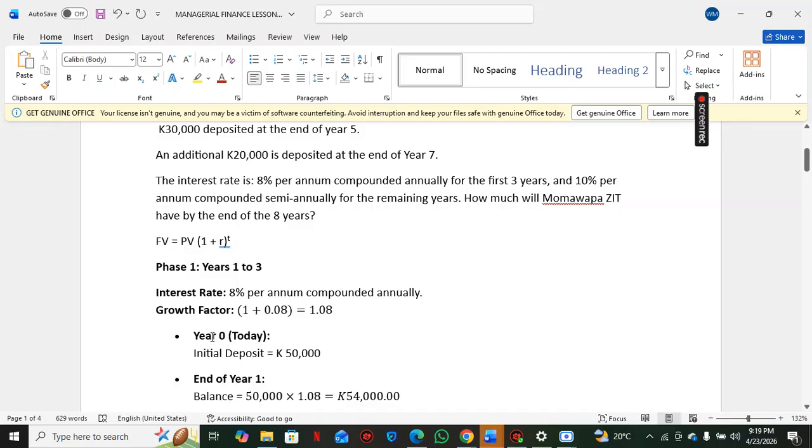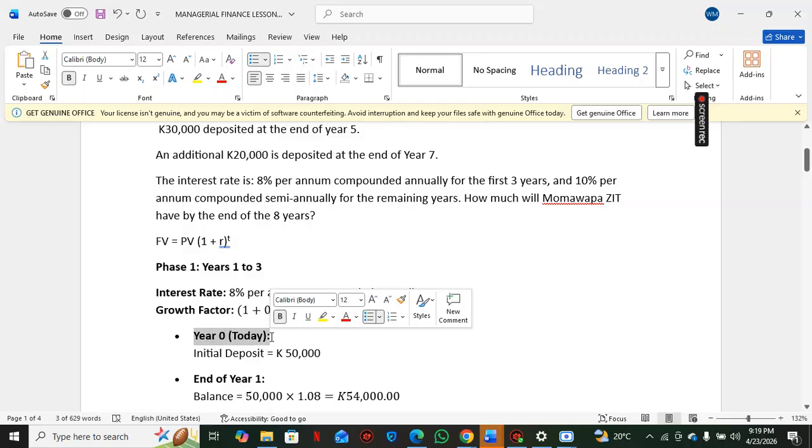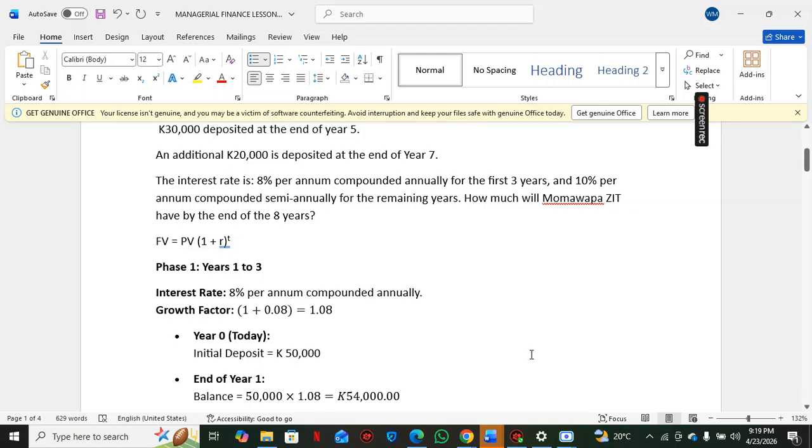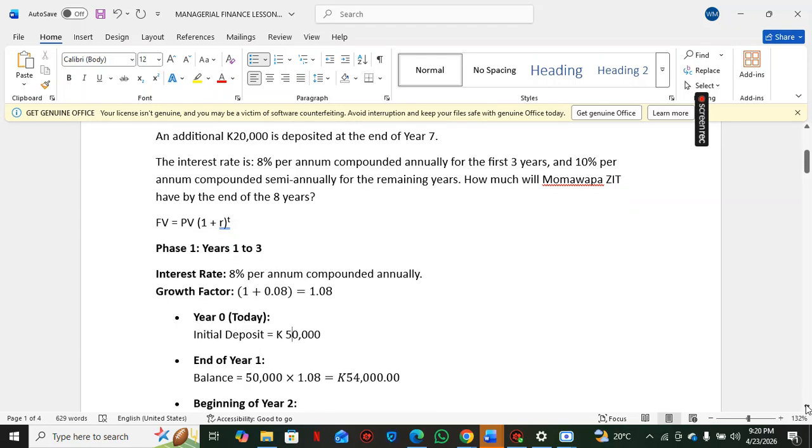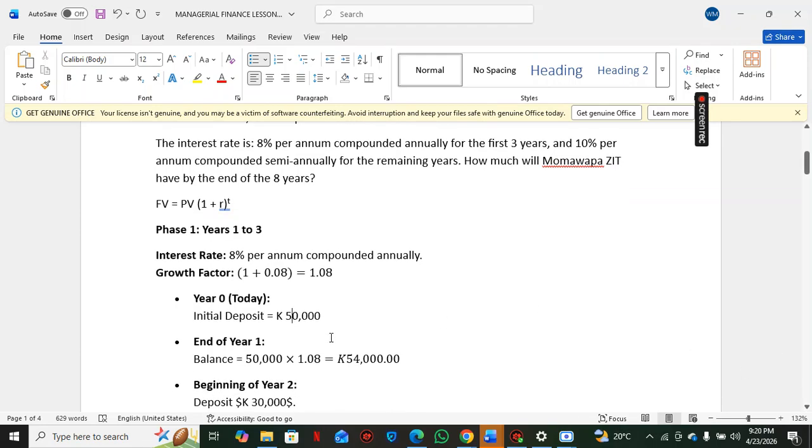So they say 50,000 has been deposited today. We call that year zero, the initial deposit of 50,000. Then at the end of year one, this 50,000 is supposed to grow by 8%.